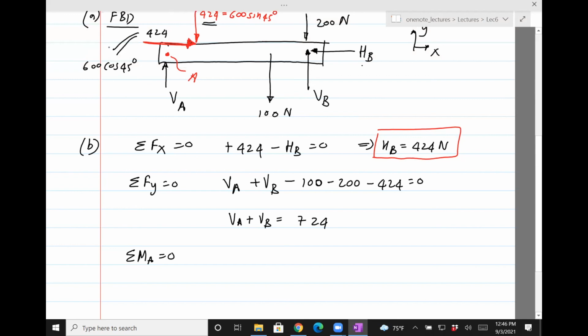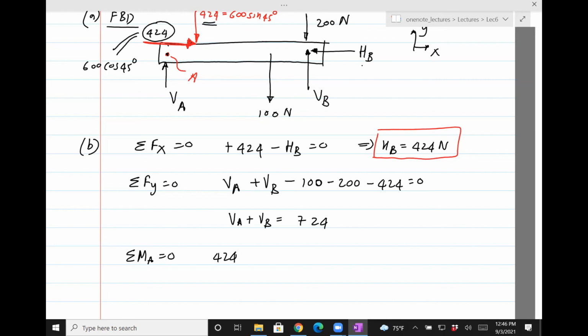Okay, so let's start. We have 424 here. About A, if you can imagine that force, if that was the only force and the beam was free, it would move the beam in the clockwise direction.